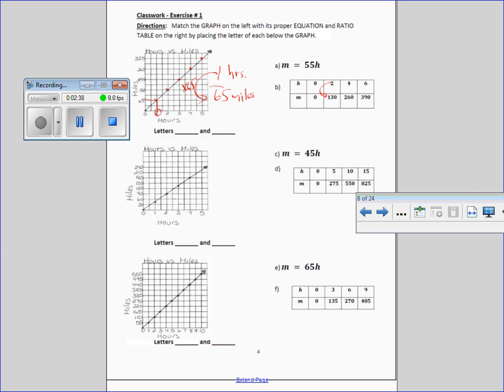2 times what makes 130? Aiden. Try not to guess. If you don't know, just do division. 2 into 130 will also get you what we're looking for. Anthony.